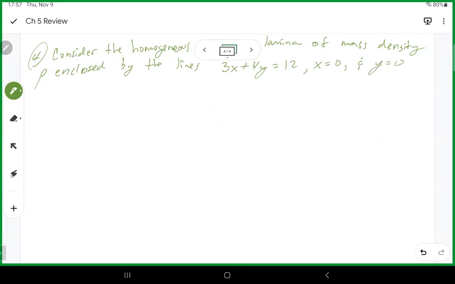And we want to find the mass m of the lamina.